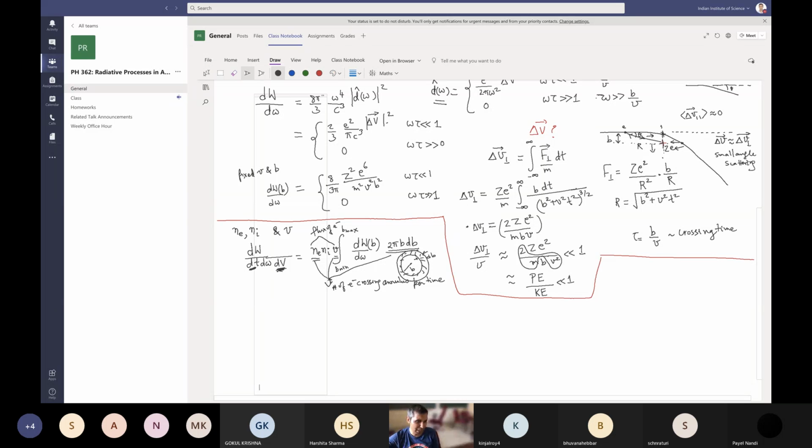So this is energy, erg per second per hertz per centimeter cube. So this is like your emissivity, epsilon nu.